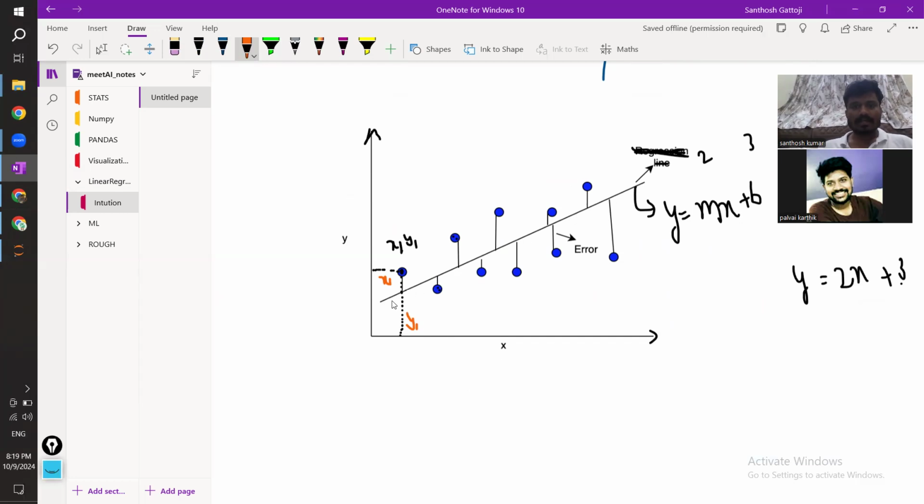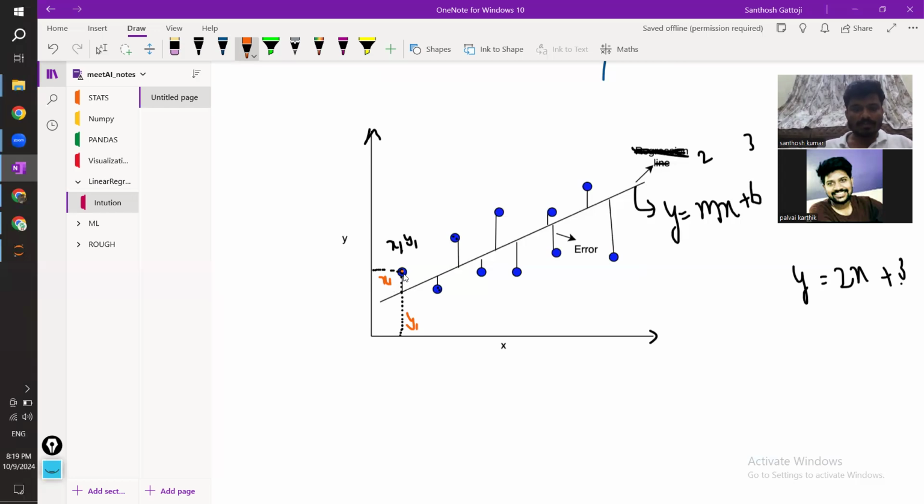Now what is happening? You are bringing this line. I'm saying, okay, this could be the best fit line, just some random line. Now, if I am saying that this is the line, then every prediction I should take from that line. So for this point, as per this line, what will be the value of this point?